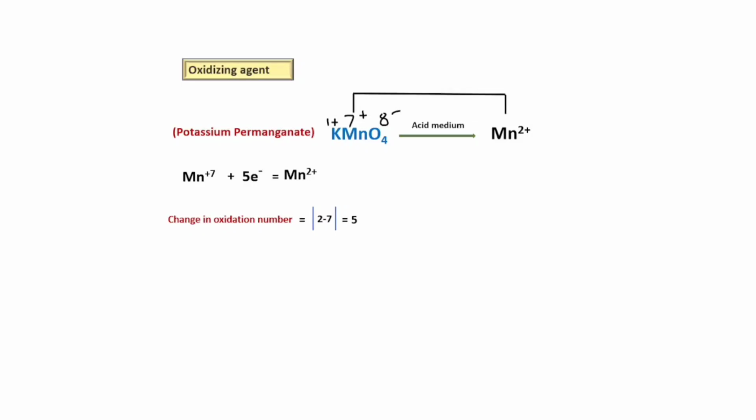For N factor calculation, we consider only the mod value of difference in charge. So in acid medium, the oxidizing agent KMnO4 has N factor 5.